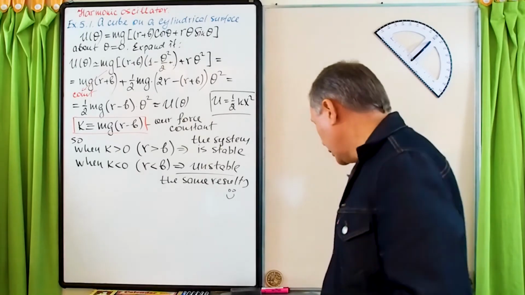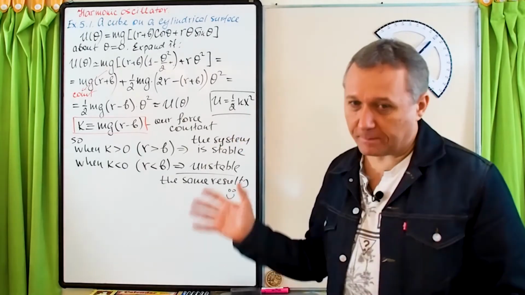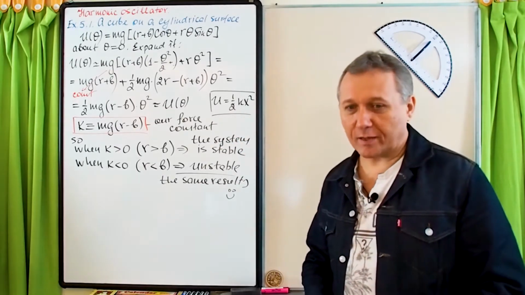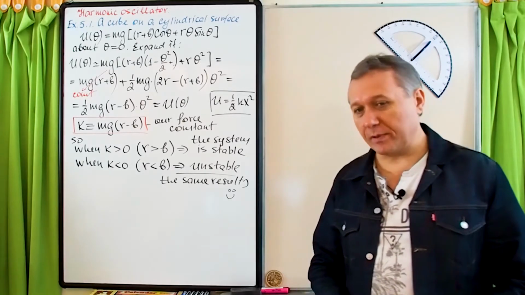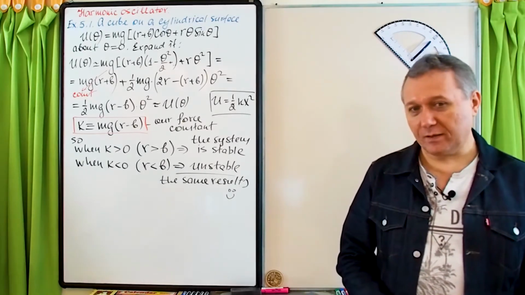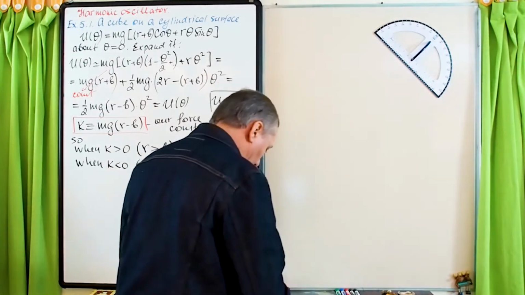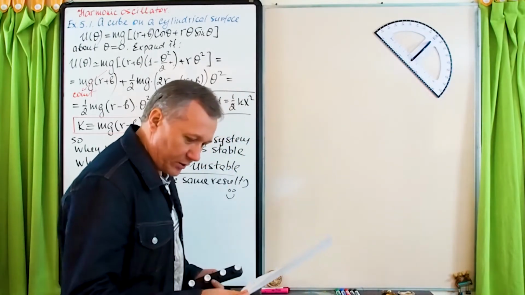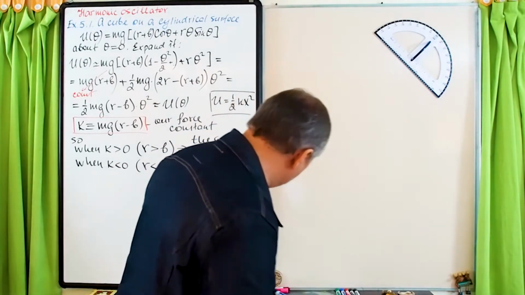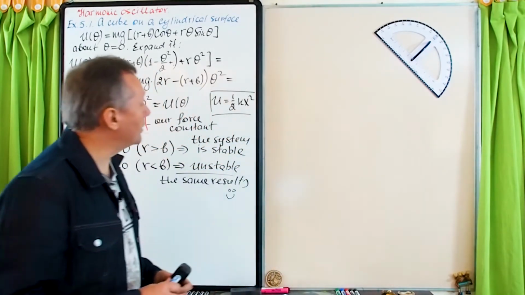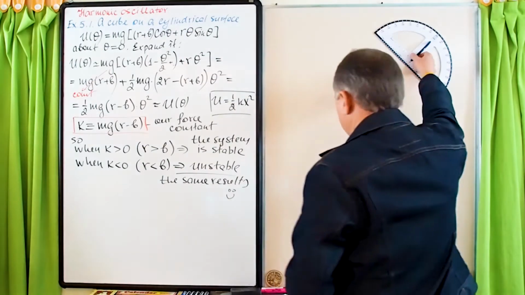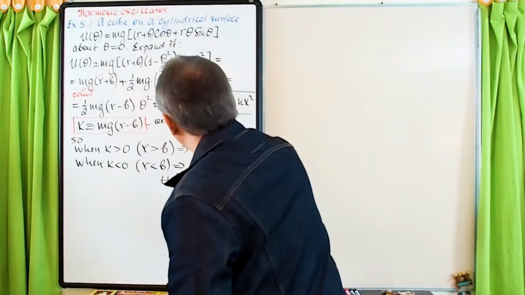Okay, and now after this example, we will write down Newton's second law in order to have a complete description of harmonic oscillator motion. Let me check if I mentioned everything. Yeah, this is done. Now I'll move to this side.